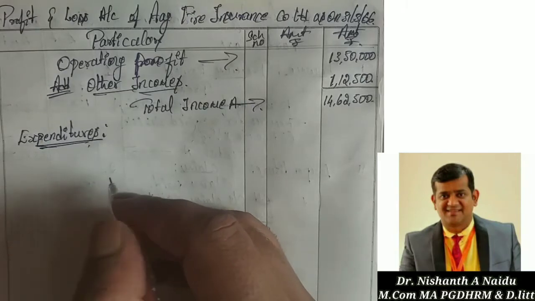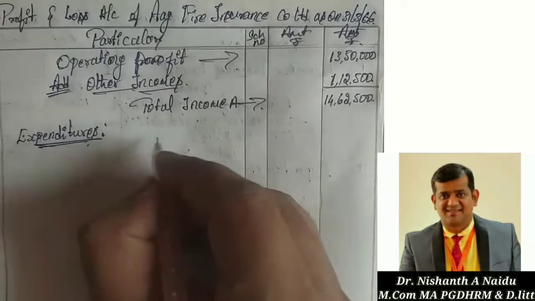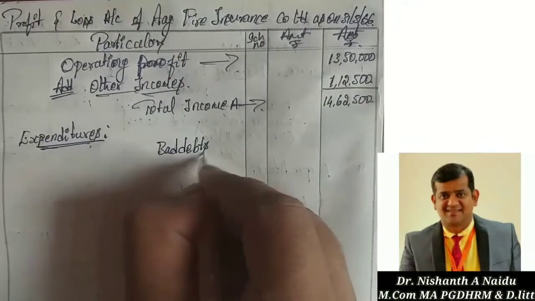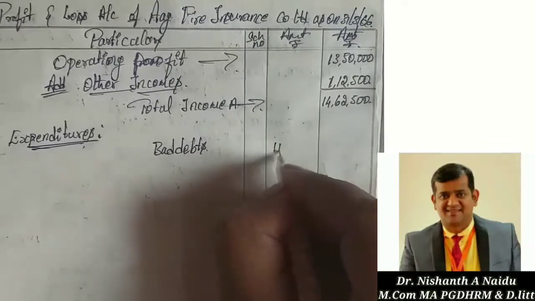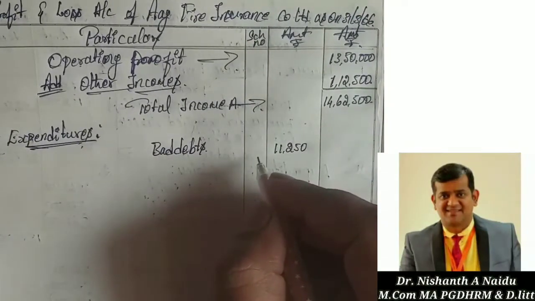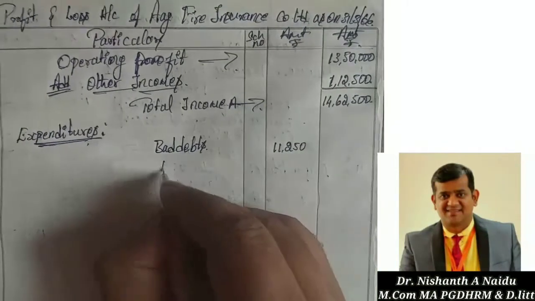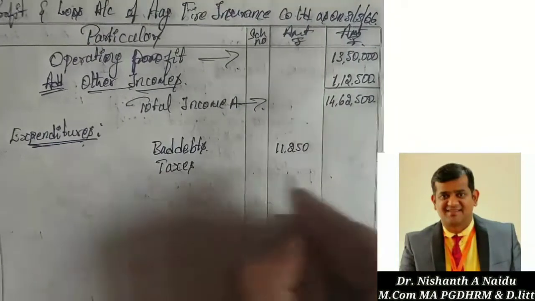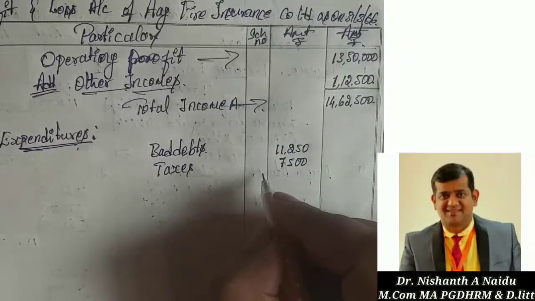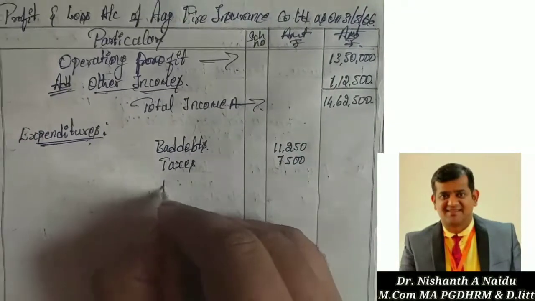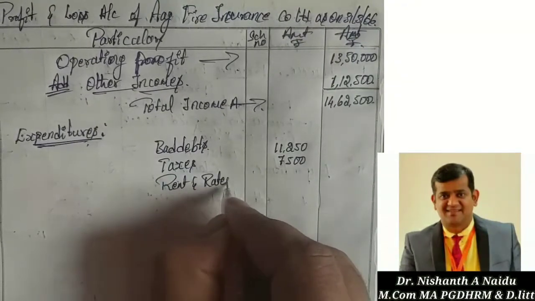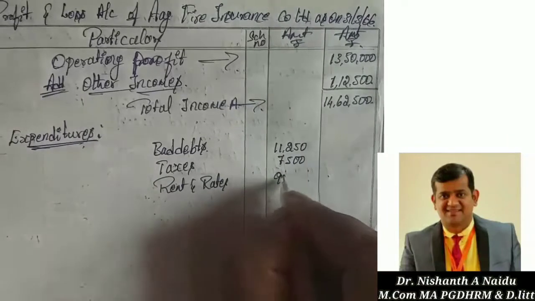Bad debts. So how much bad debts do you need to take? Bad debts is 11,250, as he has given in the problem. Then we have taxes 7,500. Take taxes 7,500 rupees. Then we have rent and rates 90,000 rupees. Take rent and rates, that is 90,000 rupees.